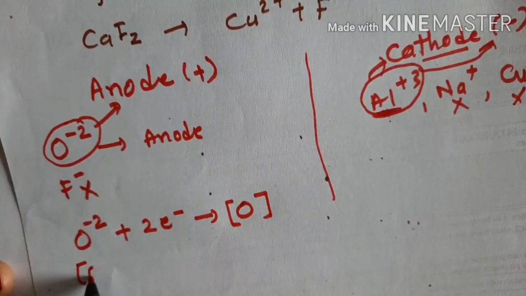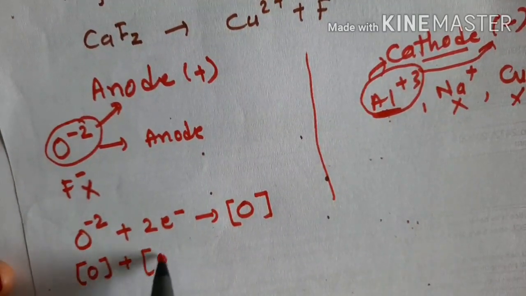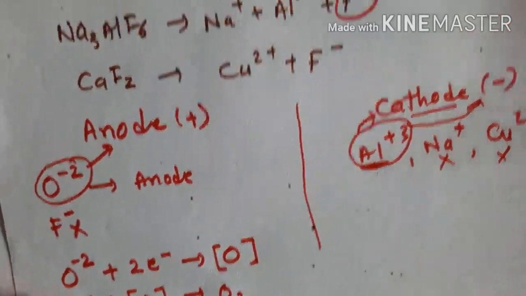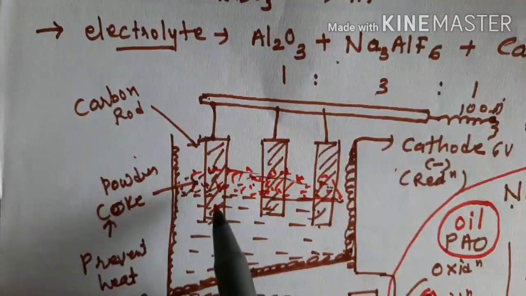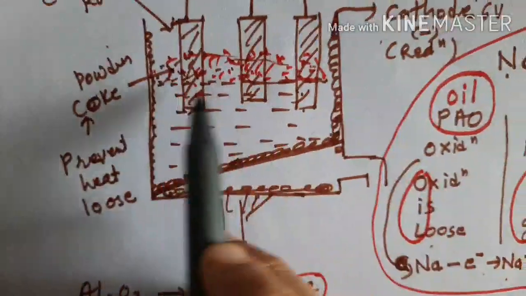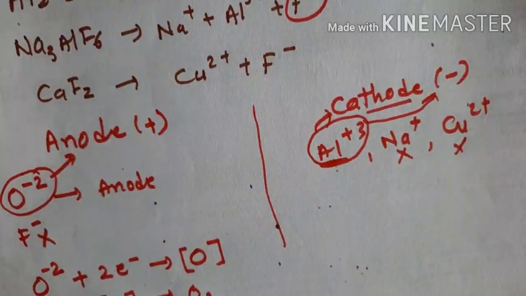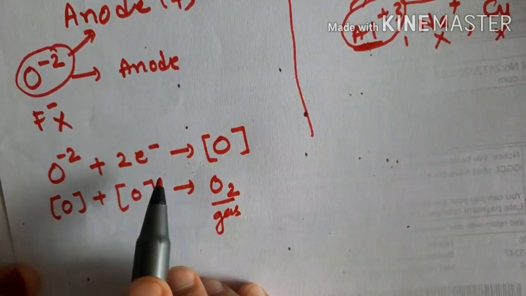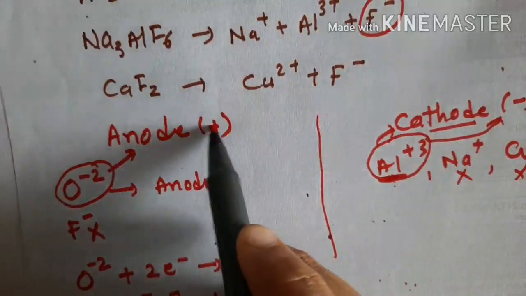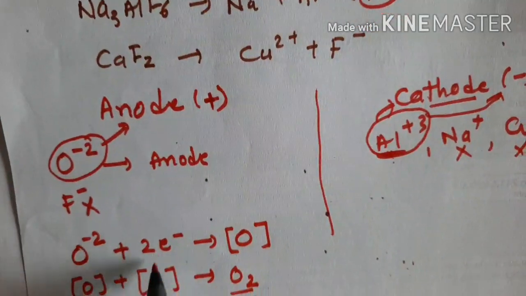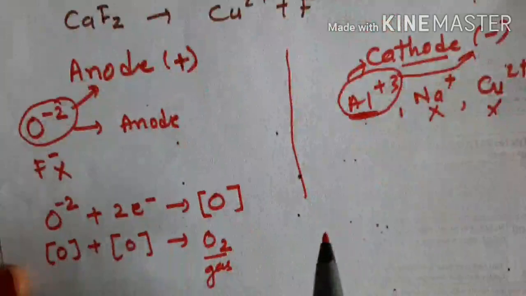So immediately these two nascent oxygen atoms combine together and form O2. What is the anode? This carbon electrode is the anode. So on the carbon electrode, oxygen gas is liberated like this. Because the anode has a positive charge, it takes electrons from the ion and oxygen is liberated on the anode.